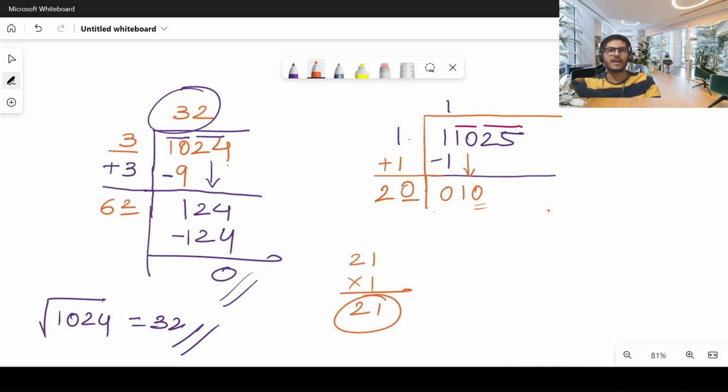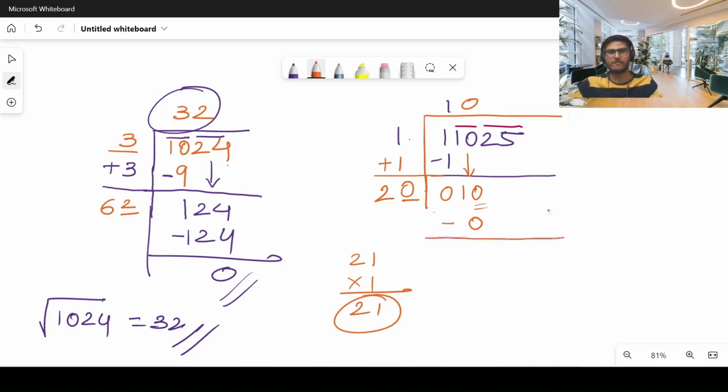So it's 20 times 0 is 0. Have you all understood why I have taken the 0? The basic reason is that even if I took 1, the number I was getting was much greater than 10. You can see that we were getting 21. So that is the reason I took 0.